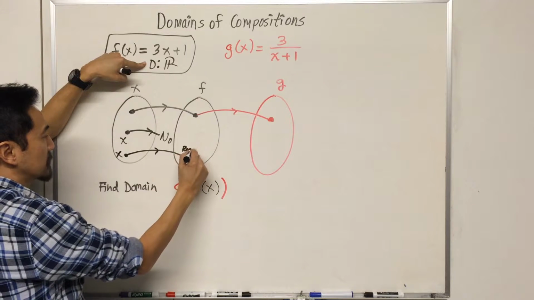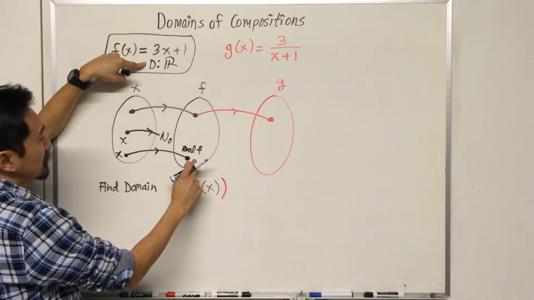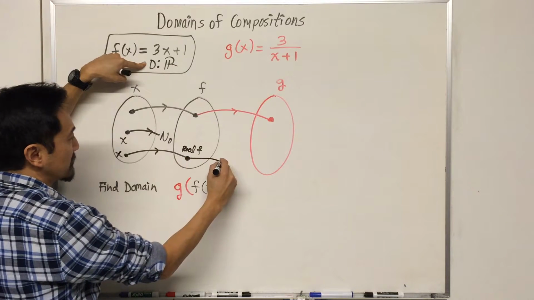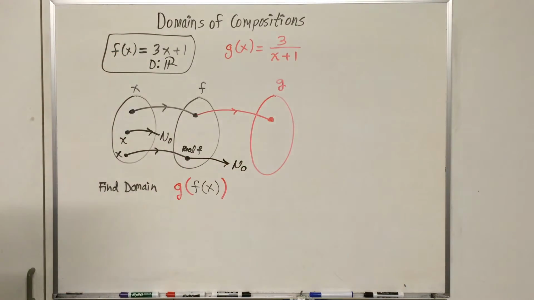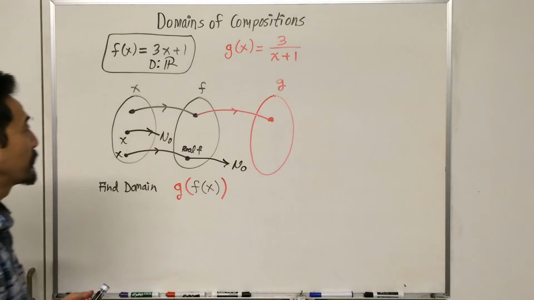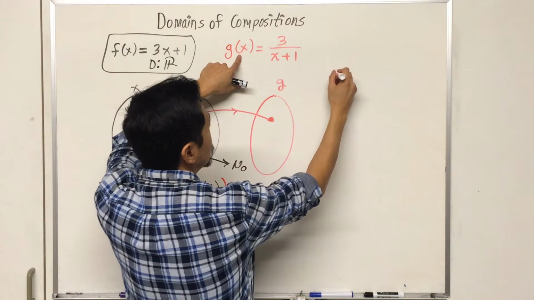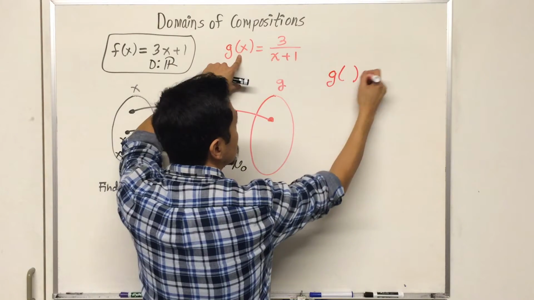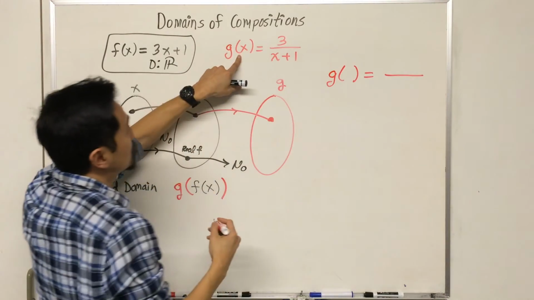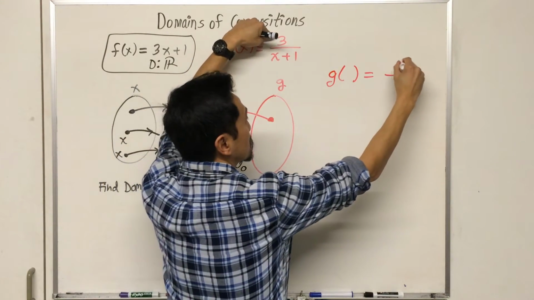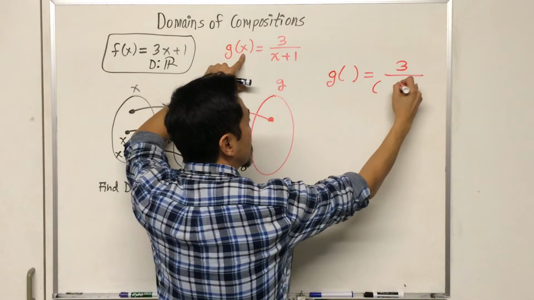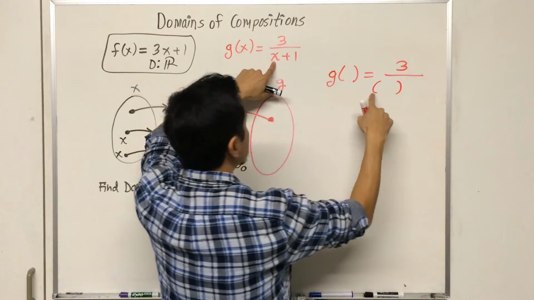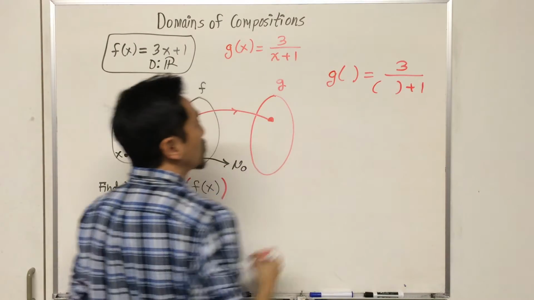And then, are there any of those f's that won't get you into g? Okay, so similar to what we did before, we need to look at what g does to its inputs. Well, g will always create a fraction where the numerator is 3. But it takes the input, whatever it might be, and it places it into the denominator and adds 1.